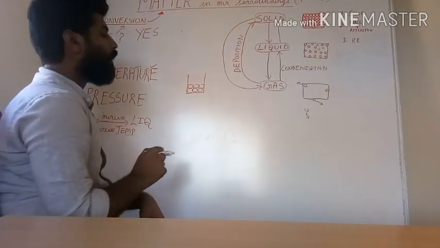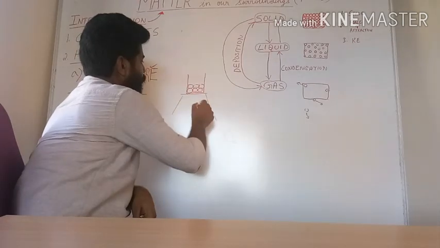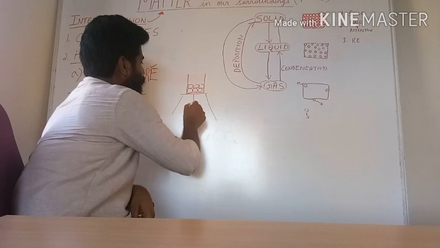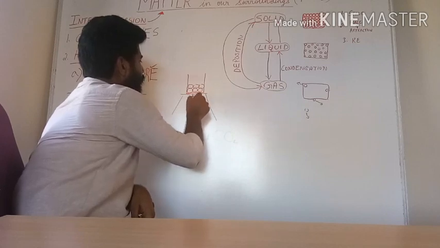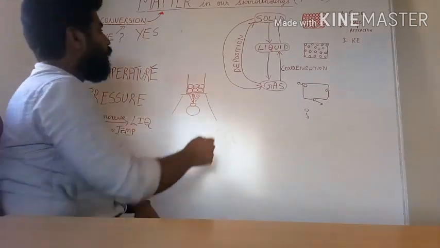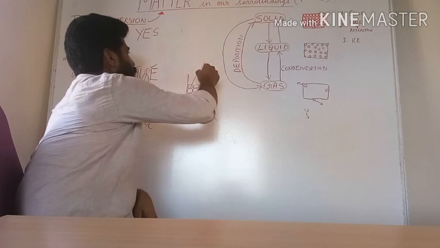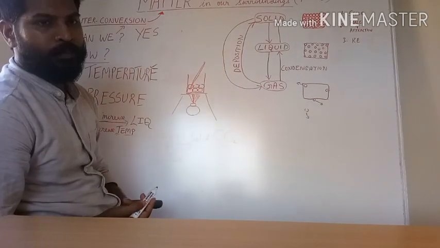Then we will use a spirit lamp and we will heat it from below, and we will use a thermometer to check the temperature of ice.